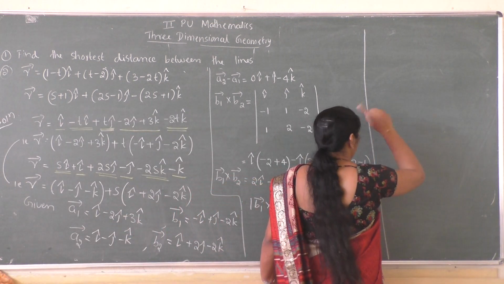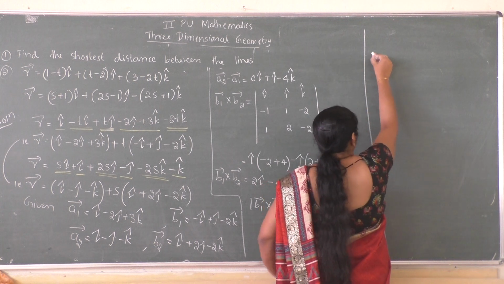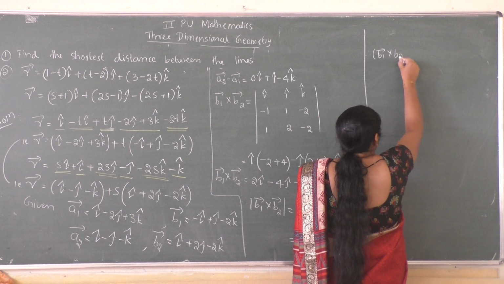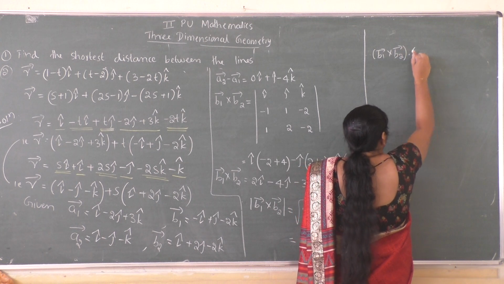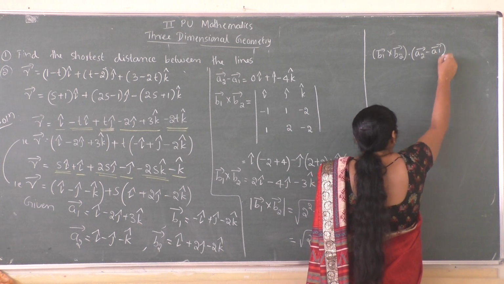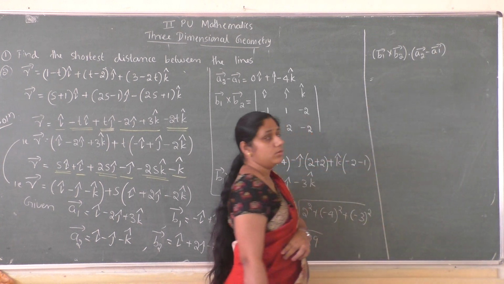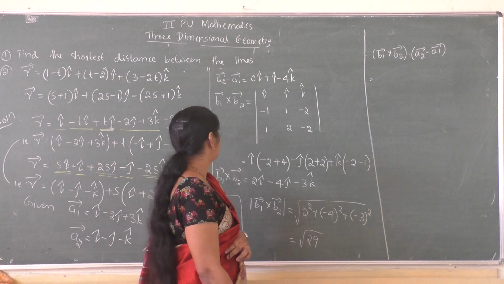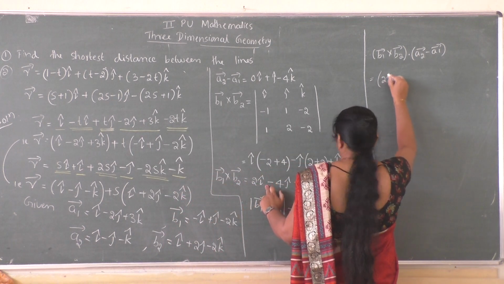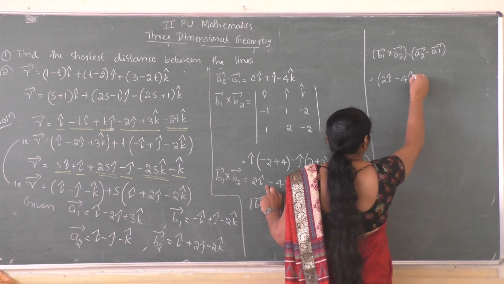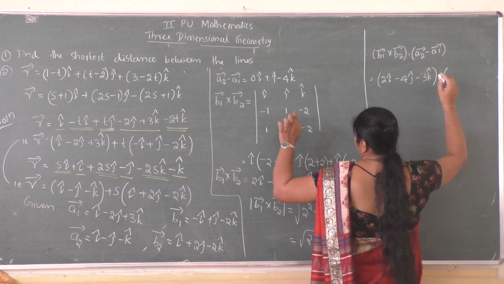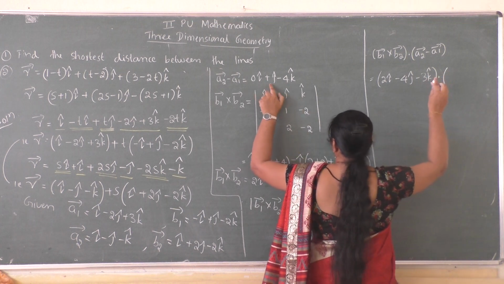Next, you have to find the dot product. Therefore, b1 vector cross b2 vector dot vector a2 minus vector a1. So what is the cross product? It is 2 i cap minus 4 j cap minus 3 k cap dot, what is vector a2 minus vector a1?